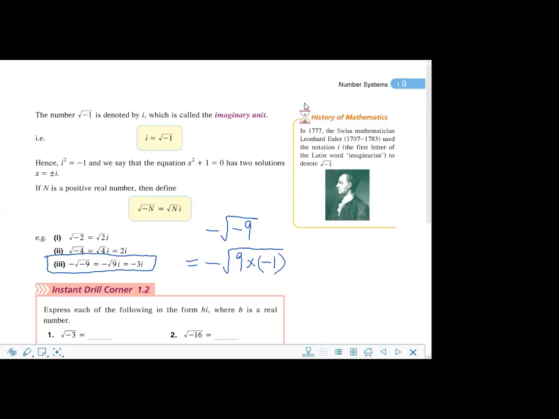The outside negative is unchanged. And then we split the square root into 2 parts: square root 9 times square root -1. We do it part by part. The negative sign is unchanged, square root 9 is simplified to be 3, and square root of -1 is changed to I. So that is how we can simplify this into -3I.